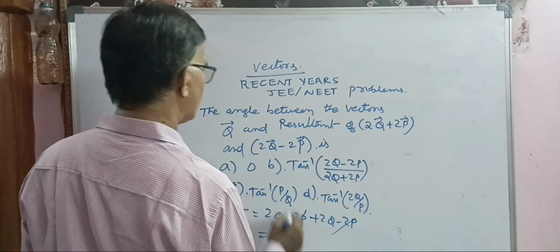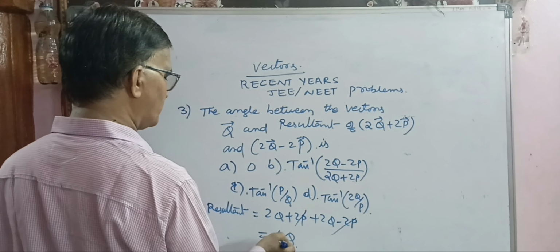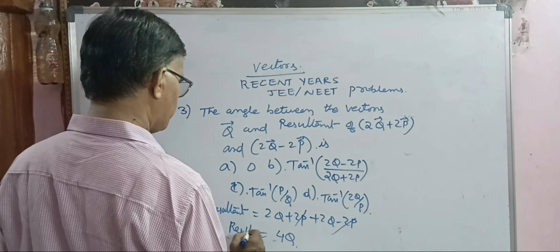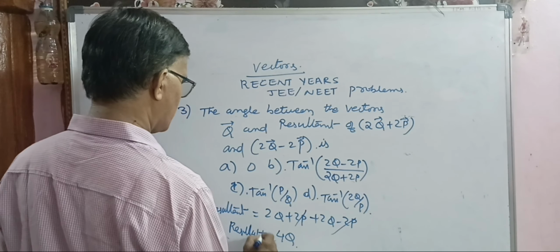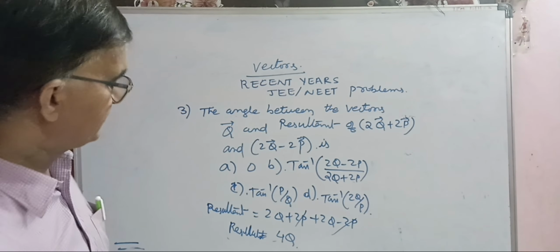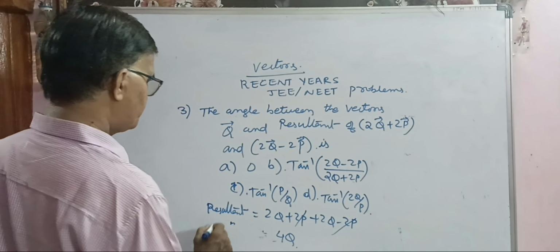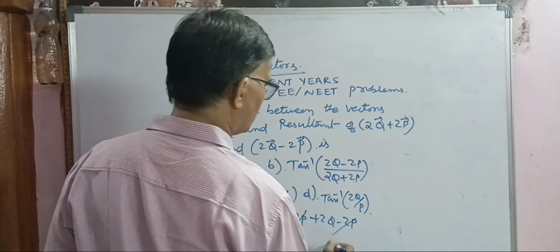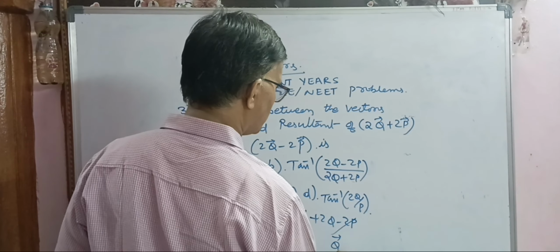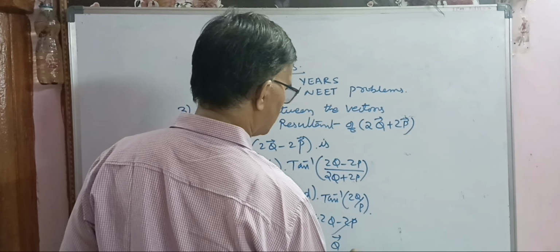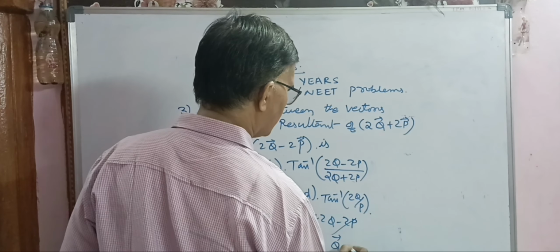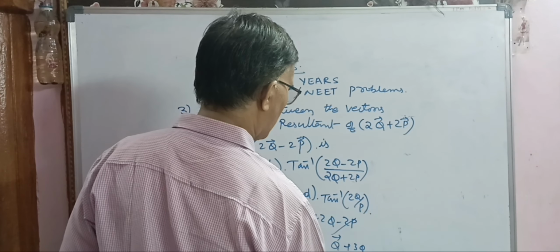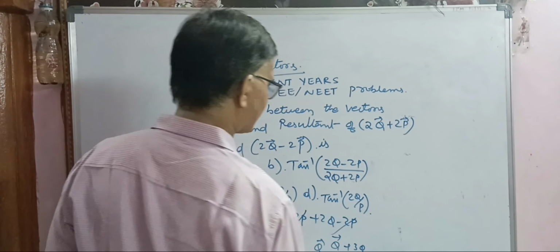The angle between Q and 4Q. Suppose you take vector Q. How will 4Q be? Extension is only 4Q. If you add 3Q, you will be getting Q plus 3Q is 4Q, no? So this 4Q and Q, they are in the same direction.